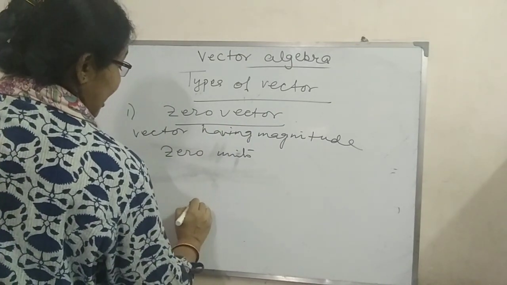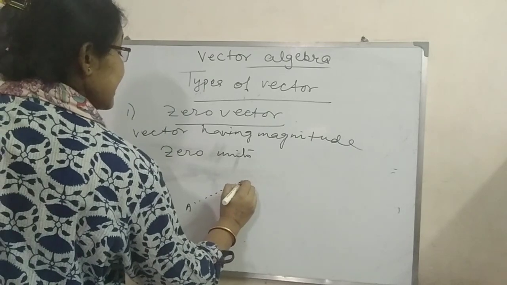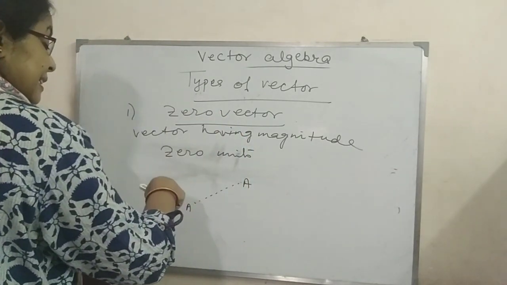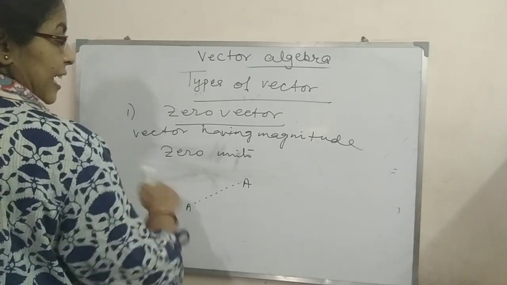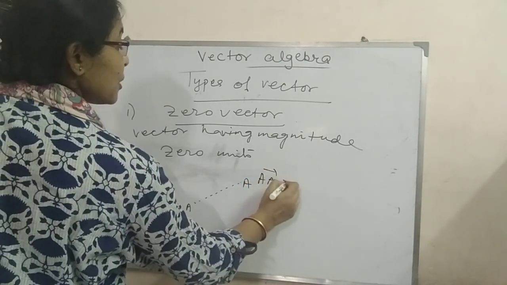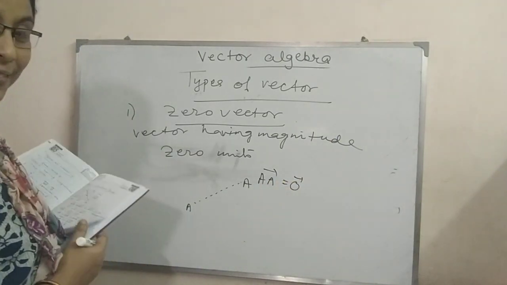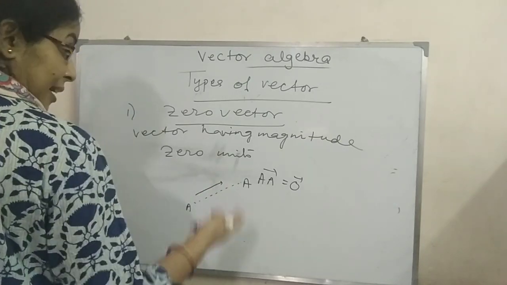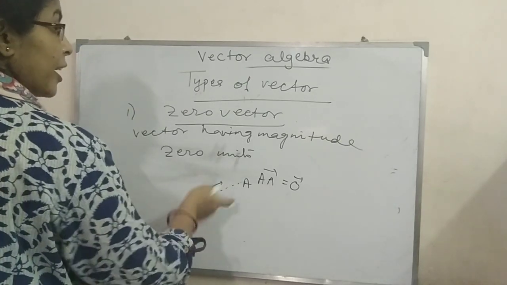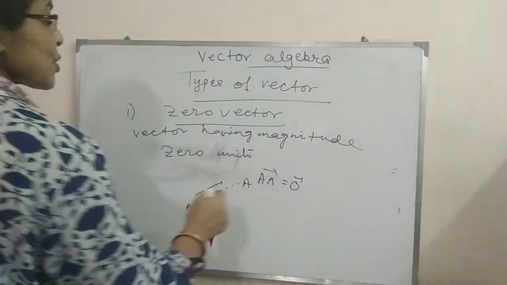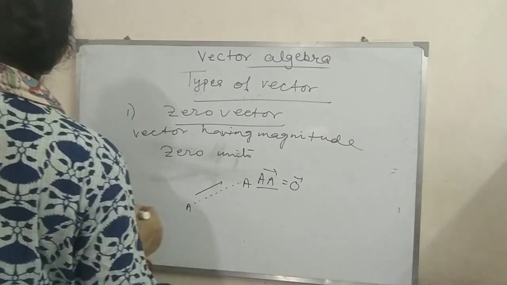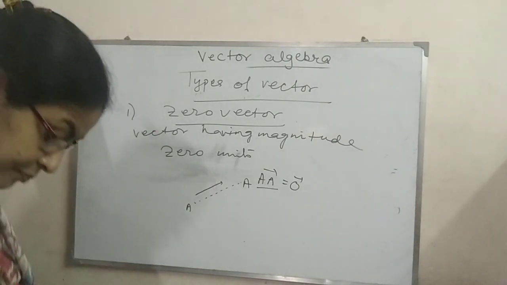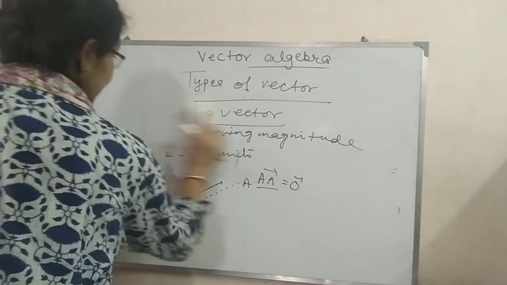That means if I start from A, the direction is A, but I still stay in A. So A equals zero vector. The initial point and terminal point are the same, so distance AA equals 0. For a zero vector, the initial point equals the terminal point.